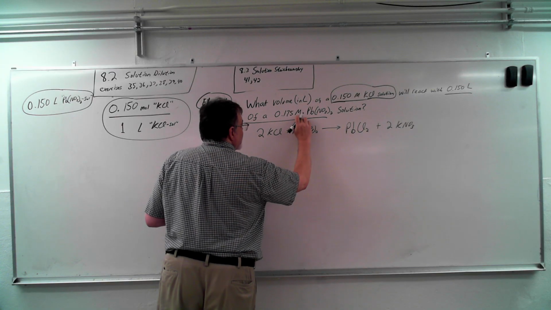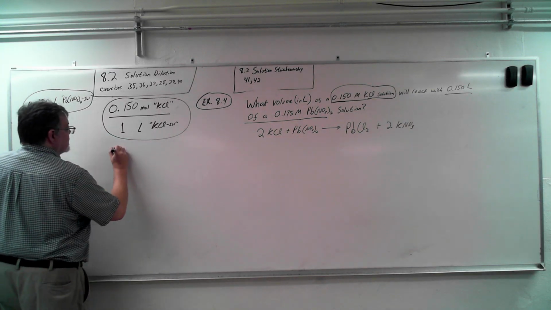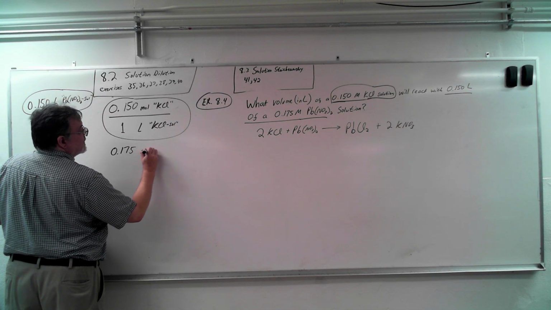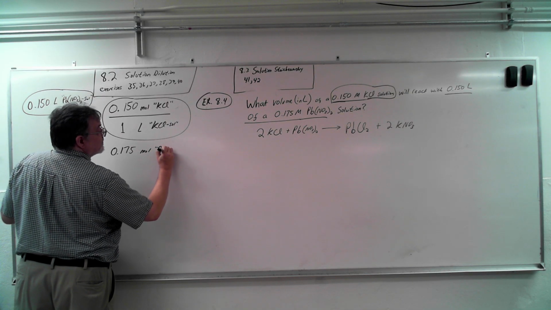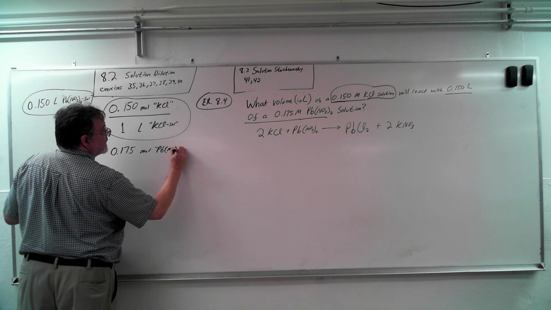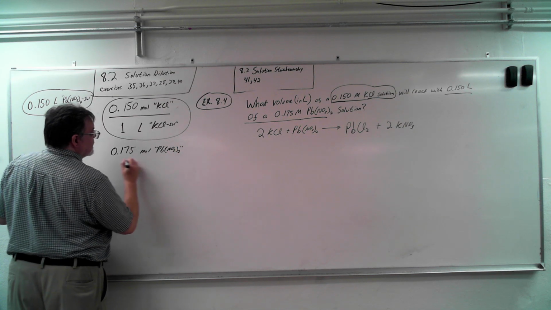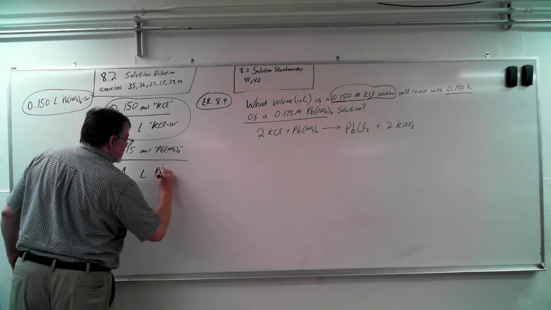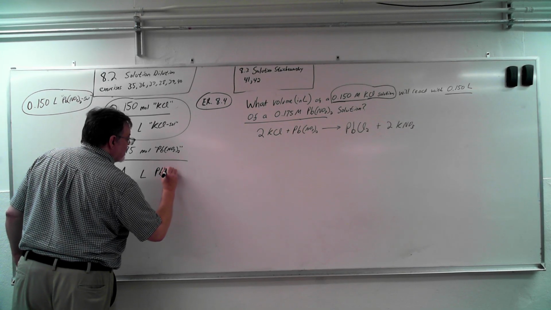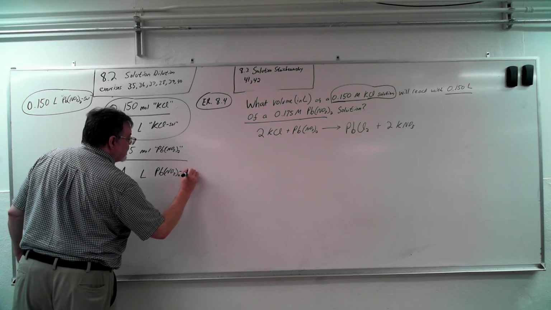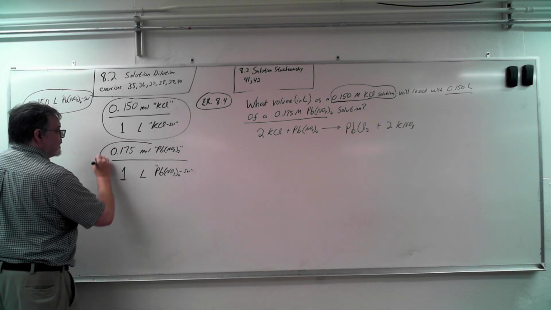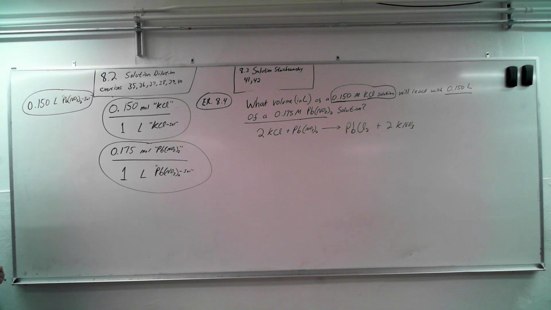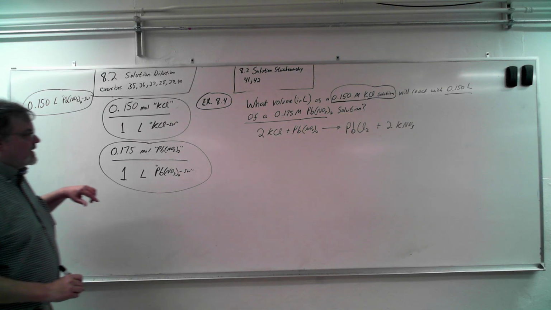And then there's this one with the capital M, that one's going to be 0.175 moles of Pb(NO3)2. That's another ingredient. There's one more thing I need.